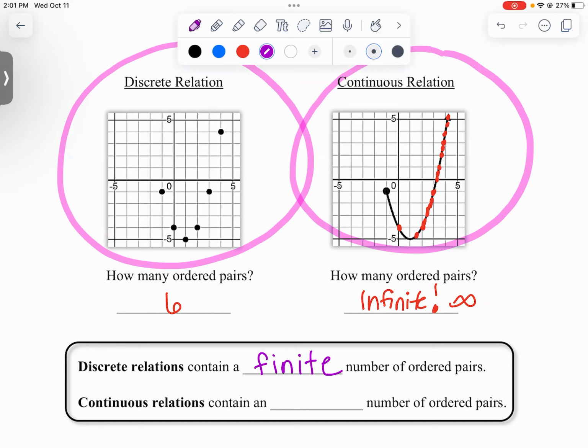We can literally count them. Here's a dot, here's a dot, here's a dot, here's a dot. Where a continuous relation is going to contain an infinite number of ordered pairs. And we're actually going to be able to like draw, like trace it. Okay.